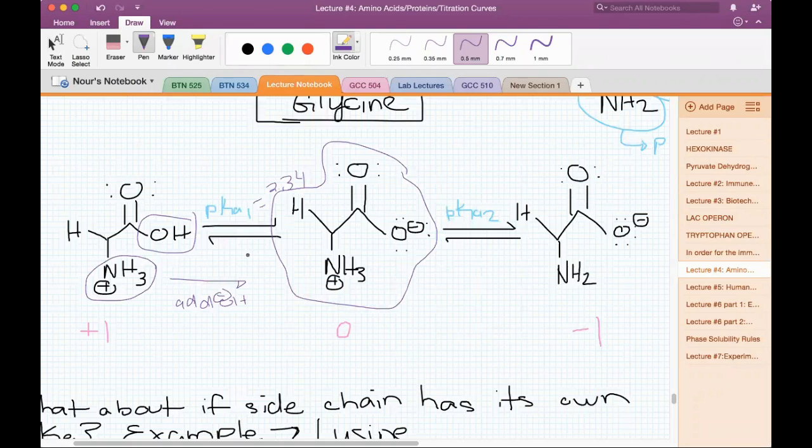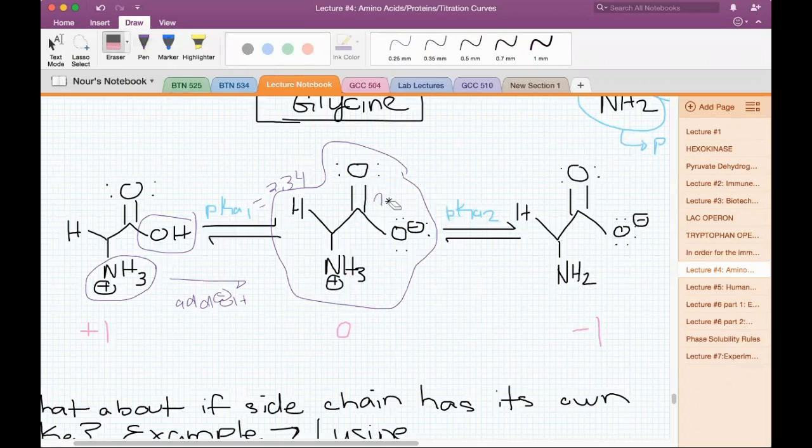The first group gets its proton stolen first because the pH we reached already is 2.34. We haven't gotten to the pKa of the amino group yet, so its proton doesn't get stolen yet. Its gates are closed. But the carboxyl group got its proton easily stolen because it has a low pKa.